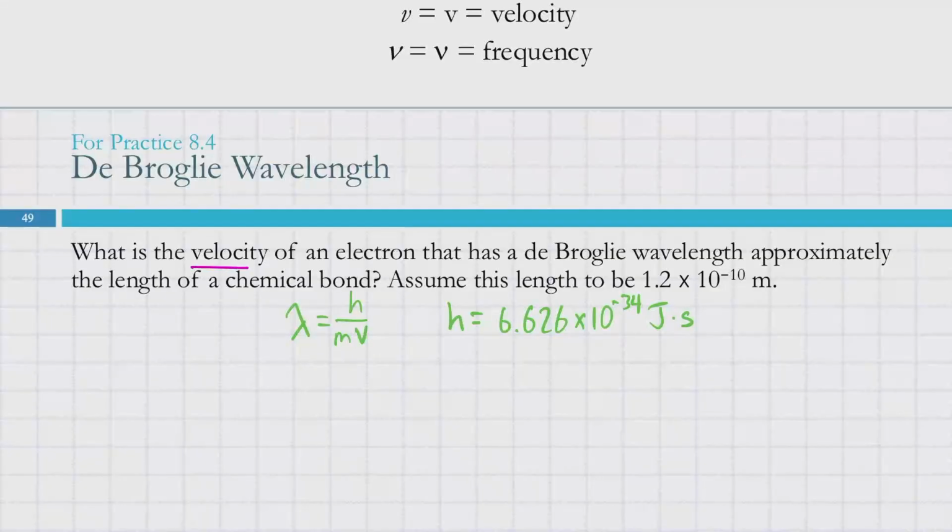So we're finding the velocity of an electron that has a de Broglie wavelength, that's our lambda here, approximately the length of a chemical bond. Assume the de Broglie wavelength to be 1.2 times 10 to the minus 10 meters.